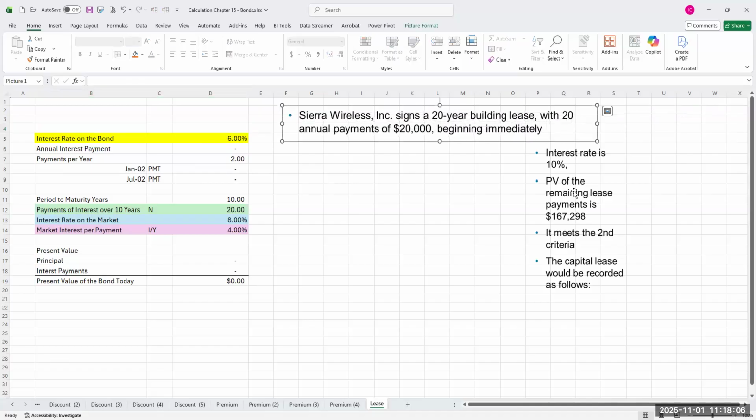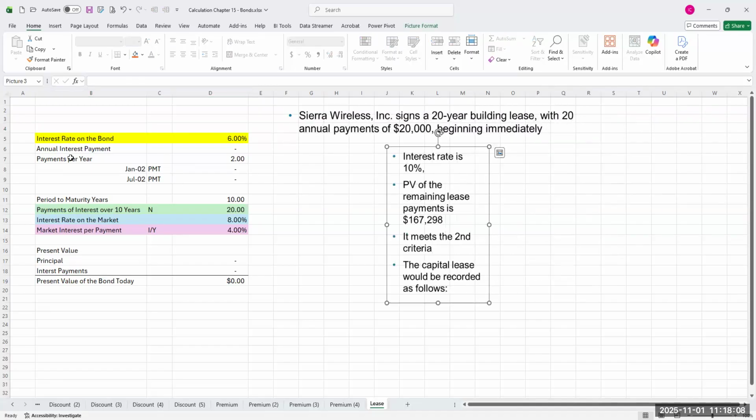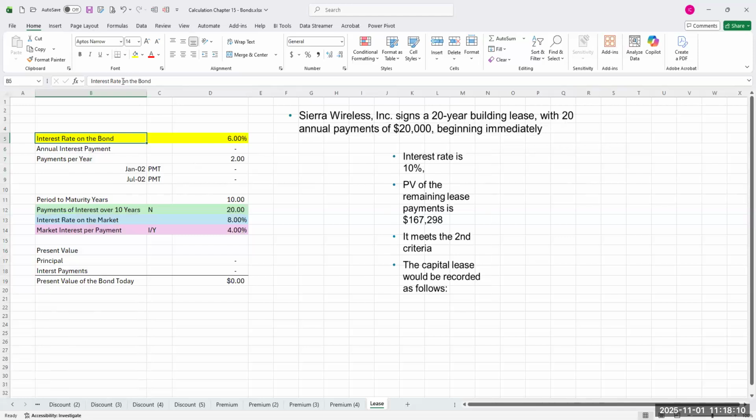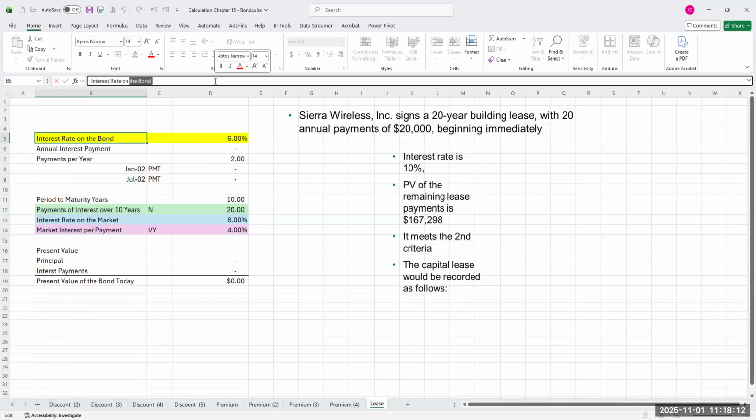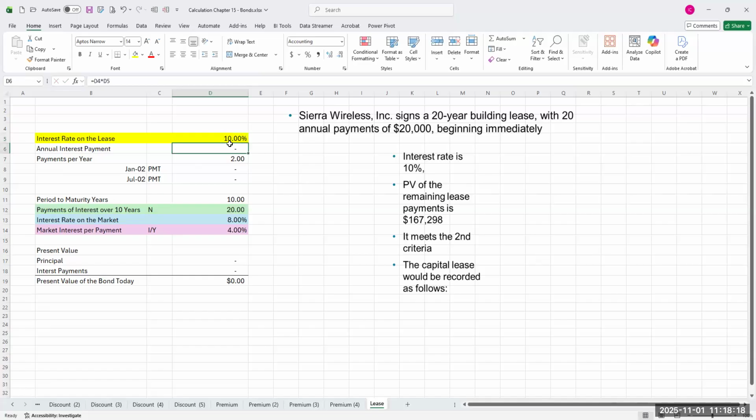There's no interest on the bond, on the lease, but we're going to have the interest rate only on the lease. And our interest rate here is 10%. Annual payments and anything like that, there's nothing here.